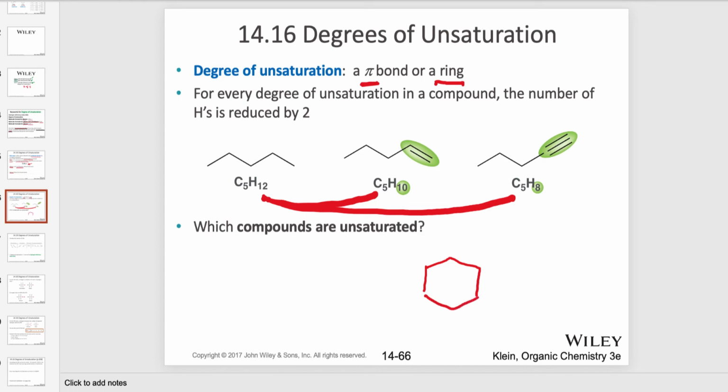For example, if we were to take benzene, well, I can see there are 3 pi bonds, so that's 3, but don't forget that this is cyclic, so +1 equals an aromatic ring has 4 degrees of unsaturation. So if you have a high degree of unsaturation and at least 6 carbons, be suspicious because you might have a benzene ring.